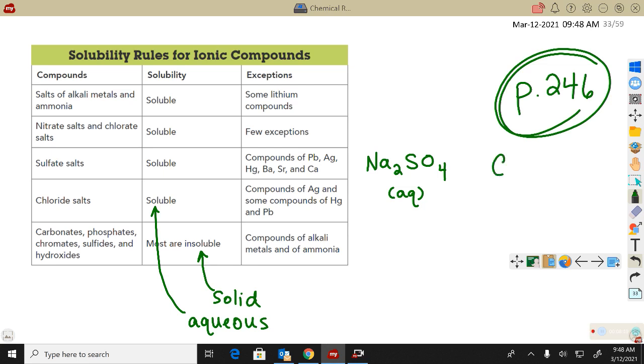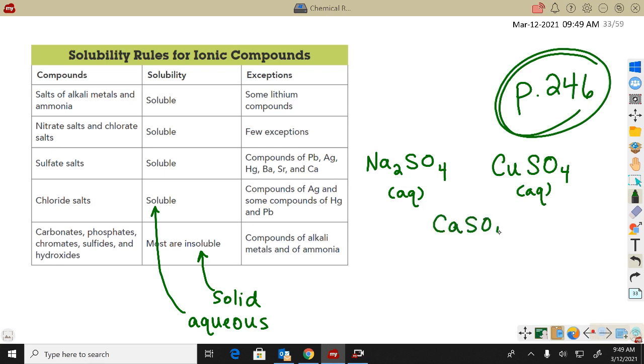Same thing with copper sulfate. All right, well, most sulfates are soluble. There are about 1, 2, 3, 4, 5, 6 exceptions, but copper's not one of them. So copper sulfate would be aqueous. Now on the flip side, if I did have something like calcium sulfate, most sulfates are soluble, but there are a few exceptions, and calcium is one of them.